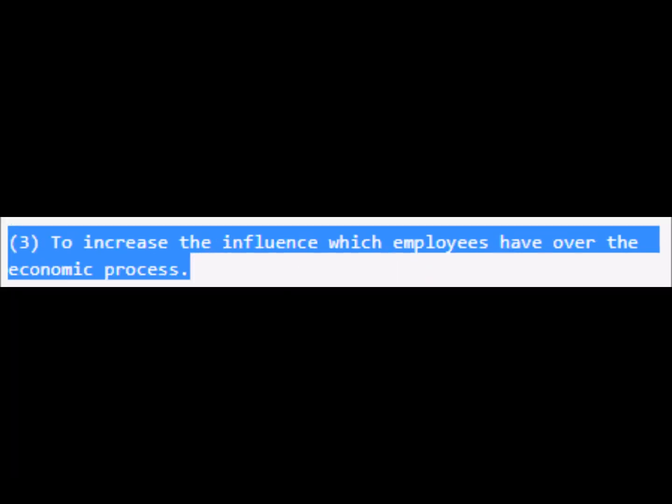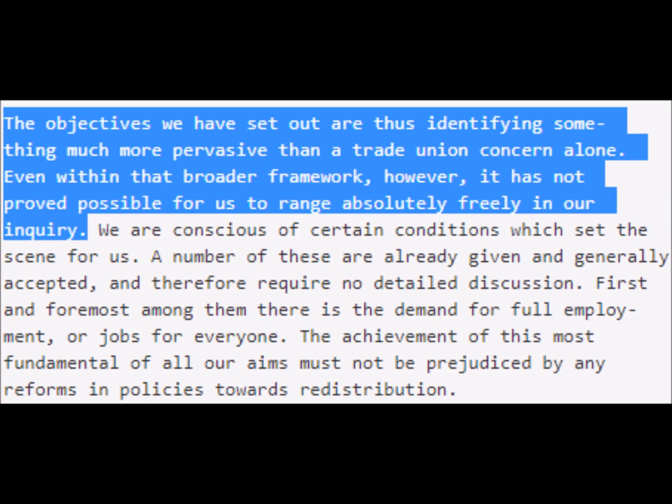As for the third aim, increasing the influence of workers over the economy is not directly tied to the objectives outlined by the Swedish Trade Union Confederation, but from a tertiary problem created by the 2 previous problems.